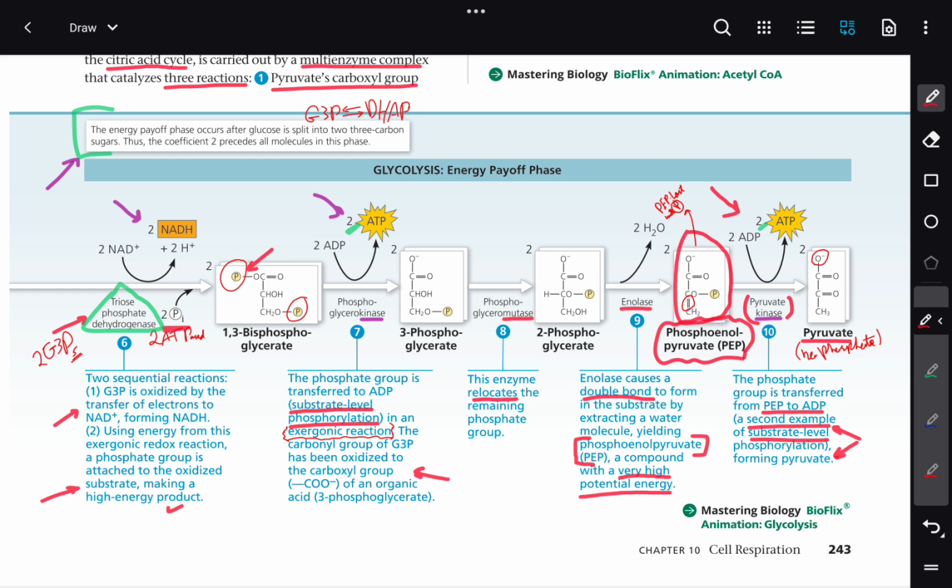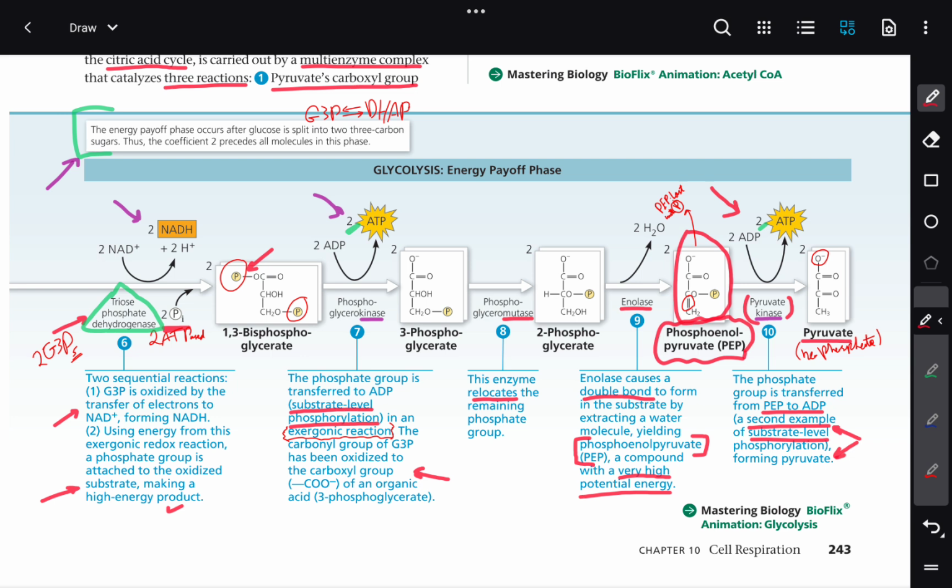Now, in the first half we consumed 2 ATPs, so now we need to look for 4 ATPs and 2 NADHs, and we should look for kinases. Kinases in the second half of glycolysis will phosphorylate by substrate level phosphorylation.